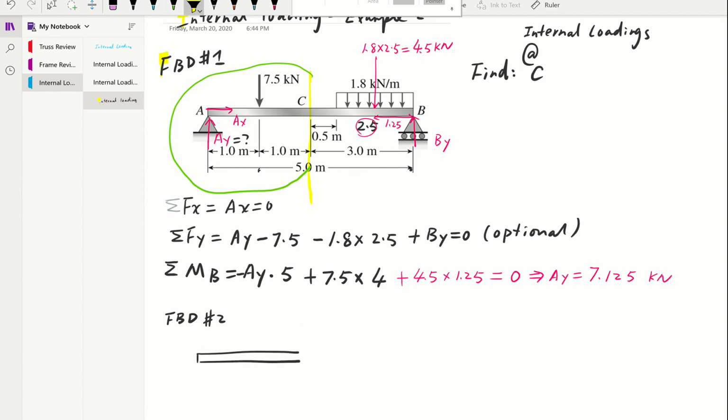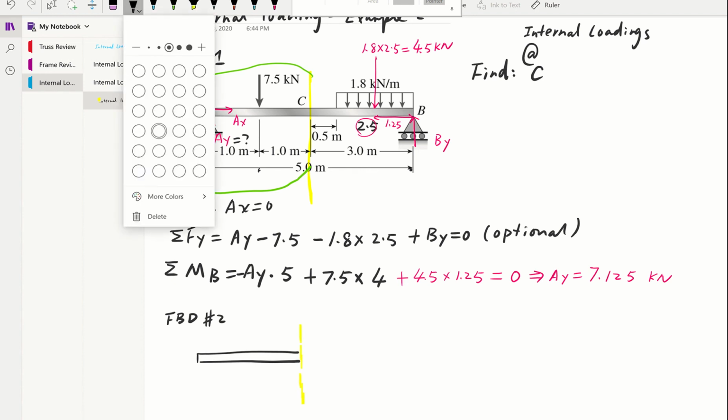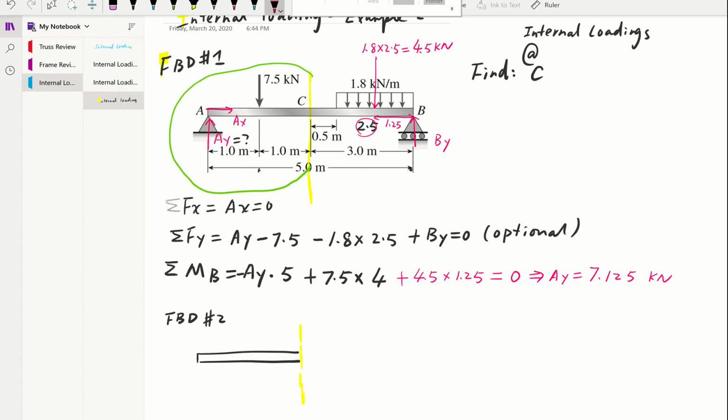This is where we cut. And for this FBD, what do we have? We have this 7.5 kilonewton at the midpoint of this section. Then we also solved AY. It's going upward as 7.125 kilonewton. Then that's our external loading.